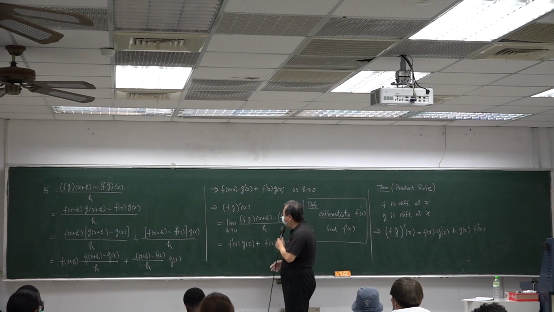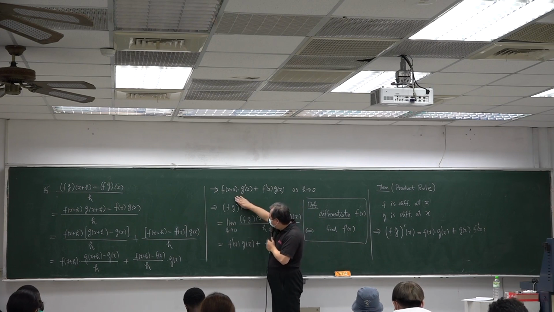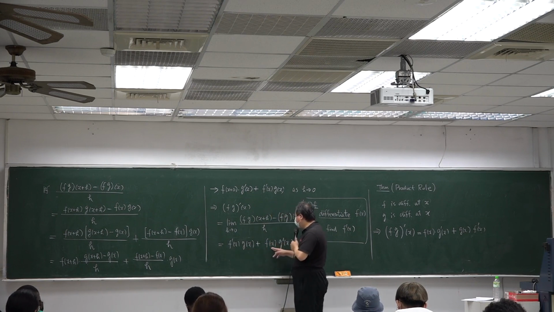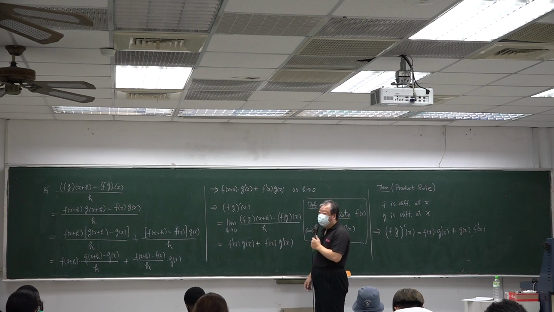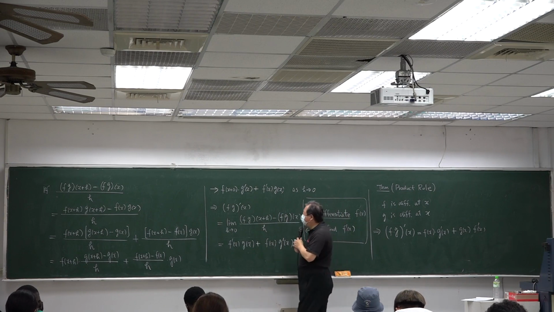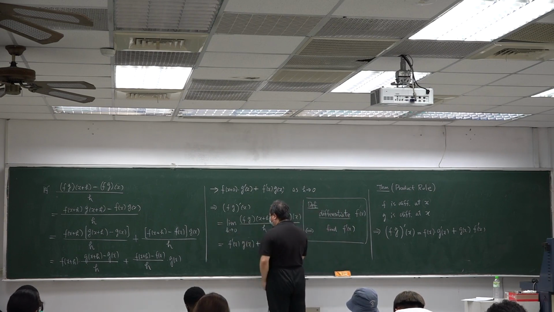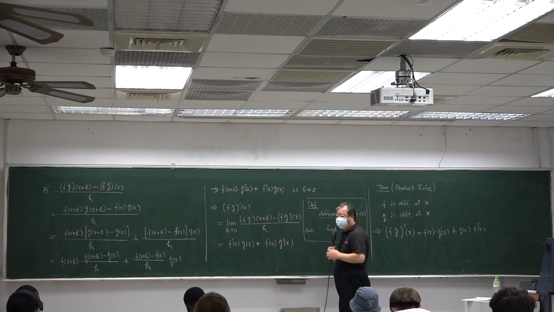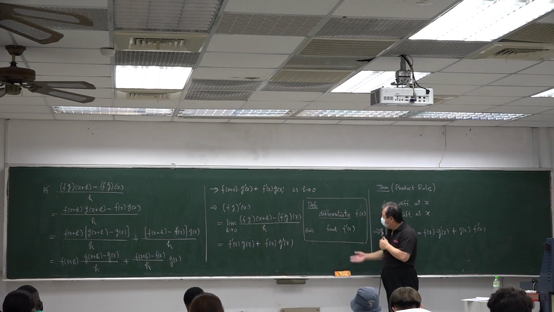We can say differentiate fg equals differentiate f keep g plus keep the first one and differentiate the second one. Or you can say the derivative of fg equals the derivative of the first one times the second one plus the first one times the derivative of the second one. Same. Sometimes we use this verb.